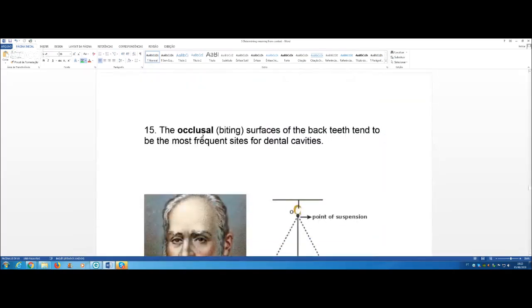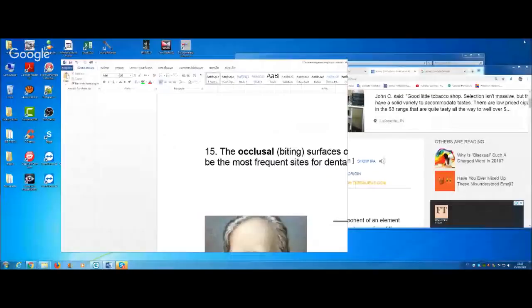Here we go. The occlusal... Wow. How do you say this word? Little help here. Let me be sure. Jamie would be very useful here right now.